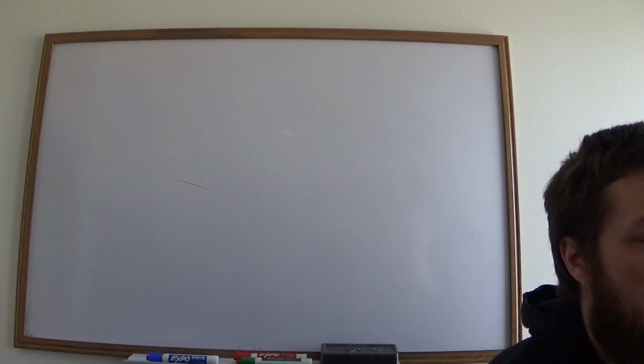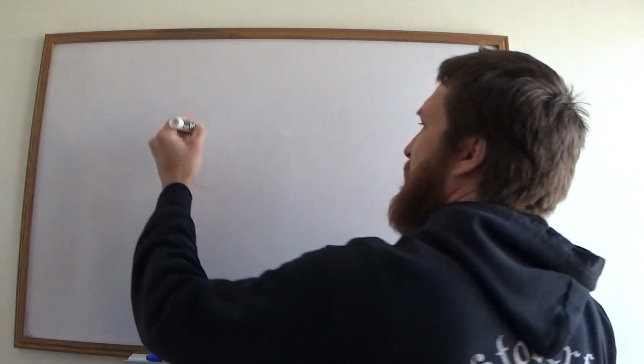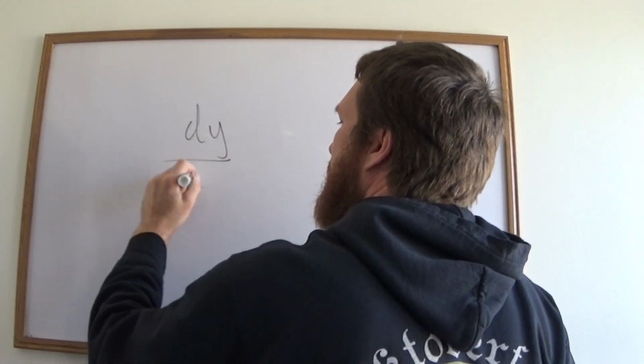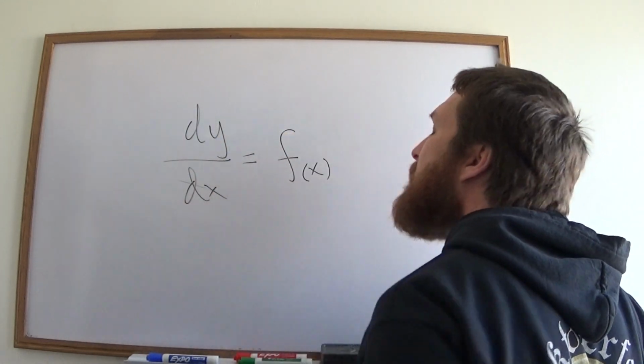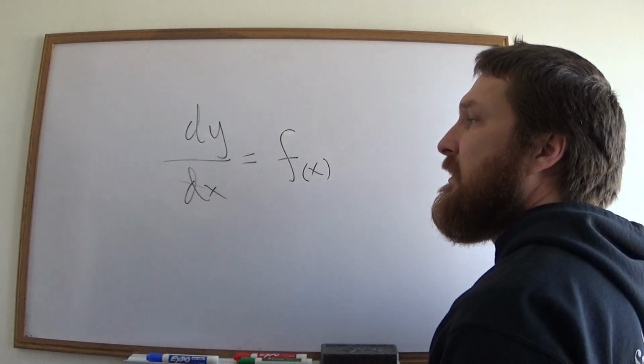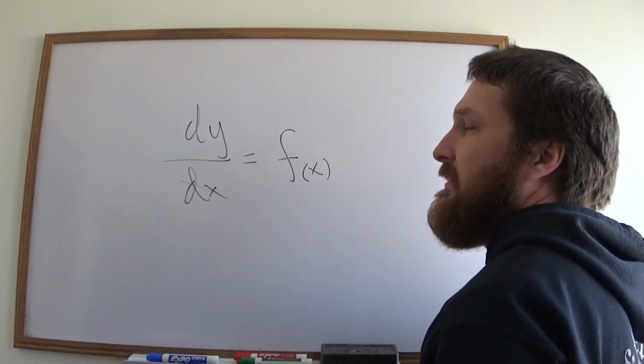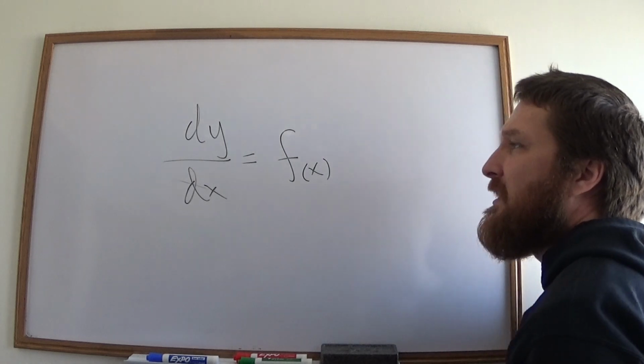Differential equations. Have fun with that. It's really straightforward here. You're going to solve a differential equation. Do not make it too hard. Because here's the thing: if you have dy/dx of any function of x, what do you need to do to solve that, to get y by itself?